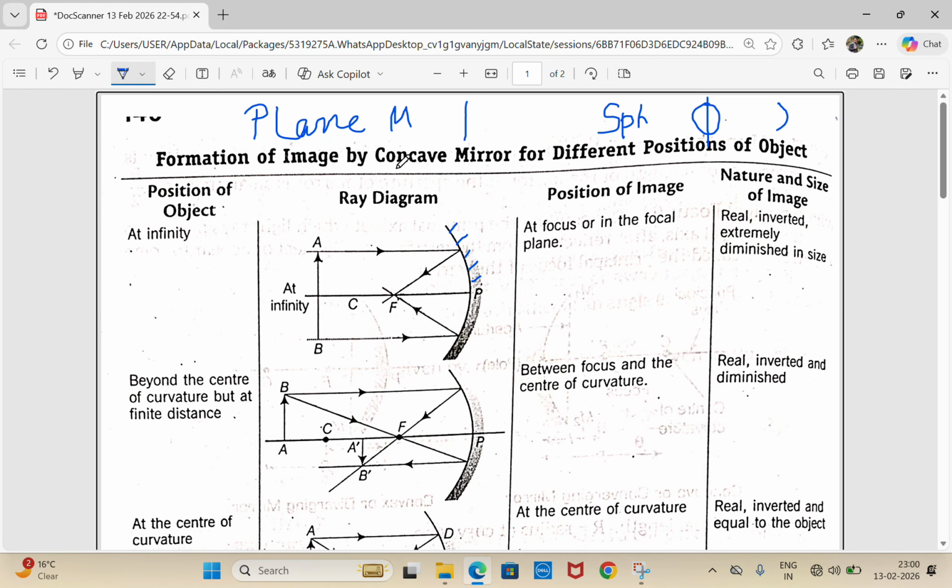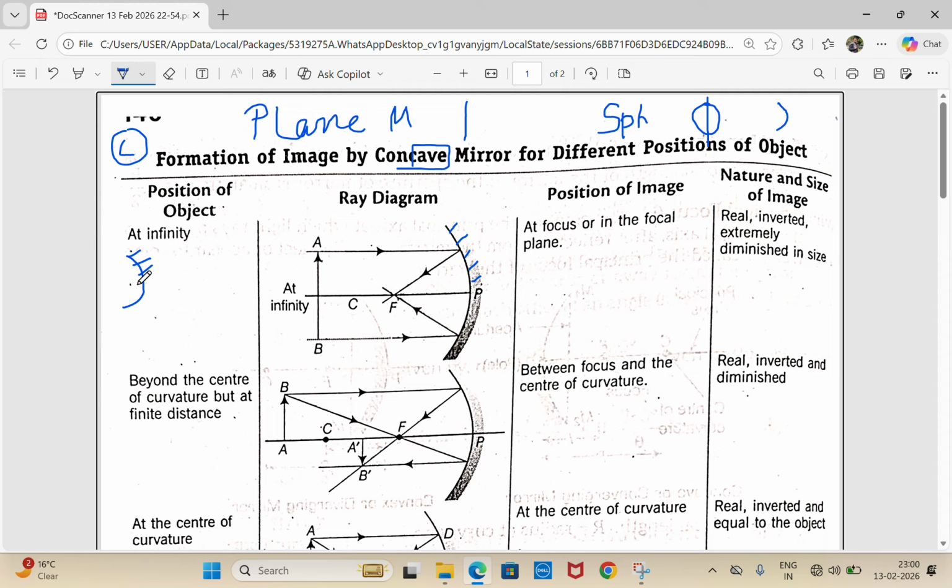A cave is a den-like structure which is basically inside, where a lion can live. So in the ray diagram, you can see that the reflecting surface of a concave mirror is inside the surface, like that.